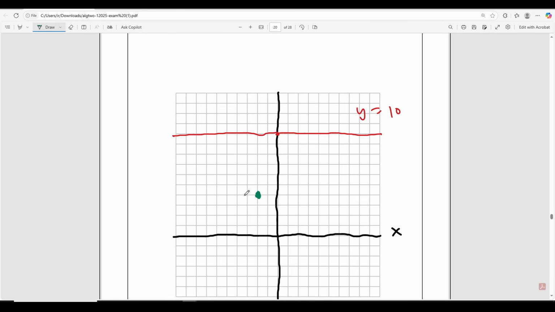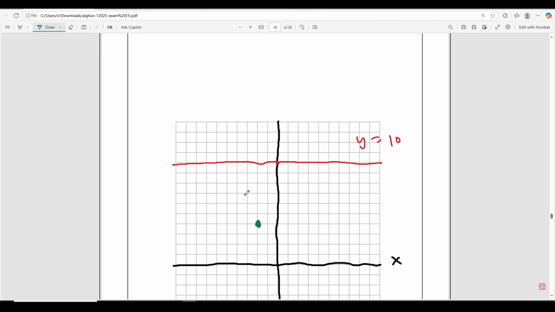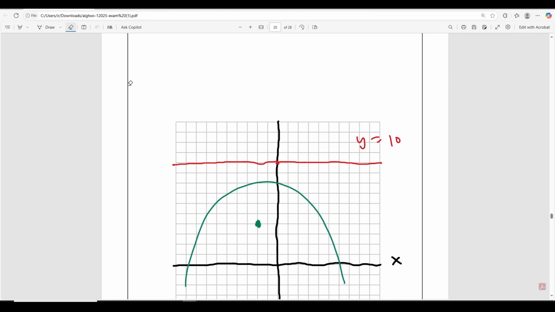Now, the deal with a parabola is the following. A parabola has this invisible straight line called a directrix and this invisible point called a focus. And the parabola always has to pass between this directrix and this focus equidistantly. So if the distance between the focus and the vertex is 4, that means that the distance between the vertex and the directrix also has to be 4, okay?